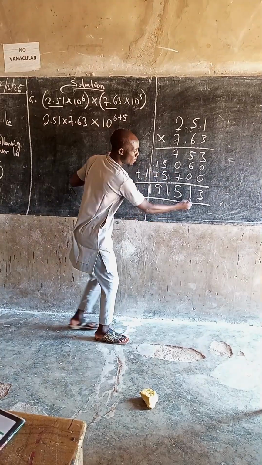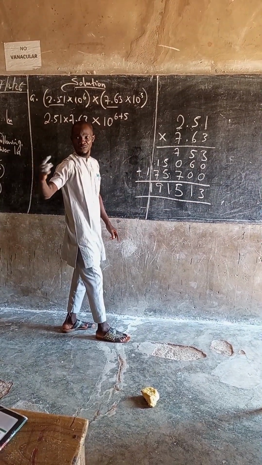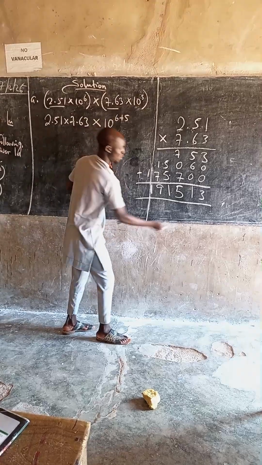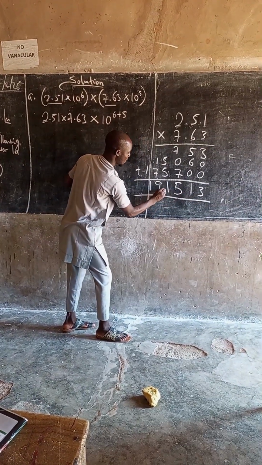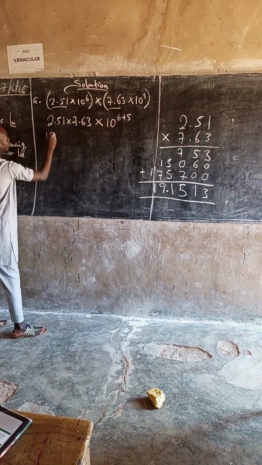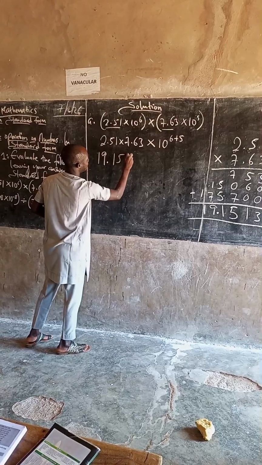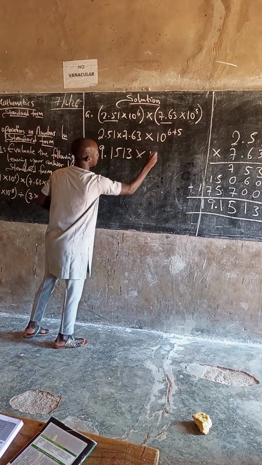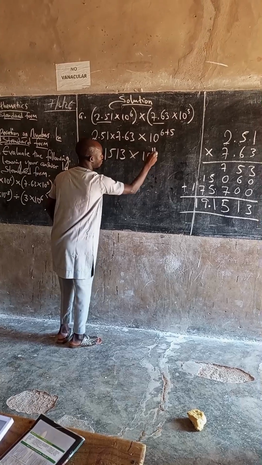So you come back from the right hand side and count 4 numbers before you place your decimal point. So we say 1, 2, 3, 4. So our decimal point is going to be here. So when we multiply this, we are going to have 19.1513. Then we say times 10 power 6 plus 5, which gives us 11.